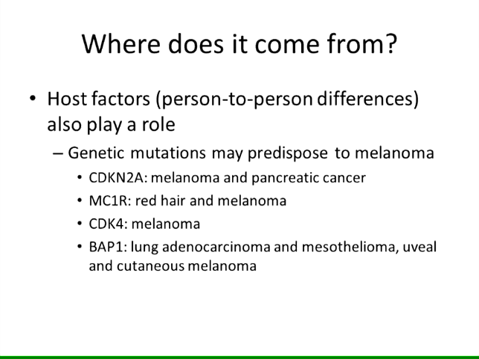Some examples are a somewhat common one, this MC1R mutation that's responsible for red hair. And those patients have lots of freckles, light skin, and a slightly increased risk of melanoma. A less common mutation is the CDKN2A, and that increases one's risk of melanoma by a lot.